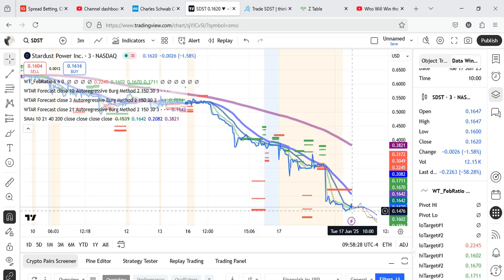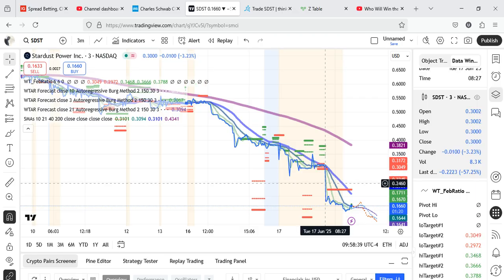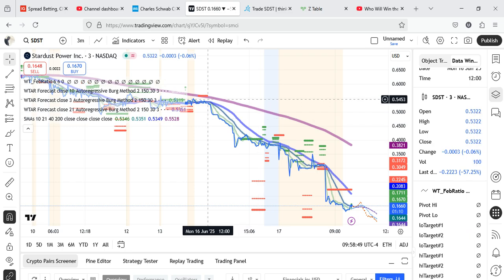We have 0.2245, 0.1602, 0.1670, 0.1711. Not long ago, there were even more ambitious projections, 0.3788, obviously, because it was falling from those levels. As of yesterday, it was at 0.5453.